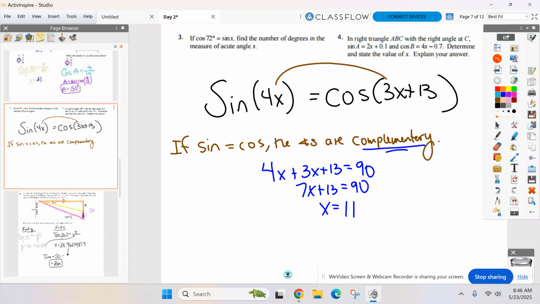Here's the trap. They know you're going to solve for x for this. They know you need x. So they put x as a choice. Pick me, you're a winner. No, you're not. Read the darn problem. We're not looking for x, we're looking for the smaller angle here. So take your 11, substitute it back into both angles, and then tell me what the smaller angle is. All right, huge trap the Regents loves to do.